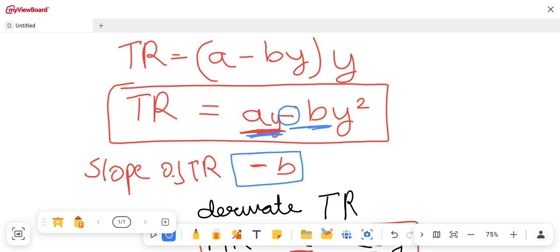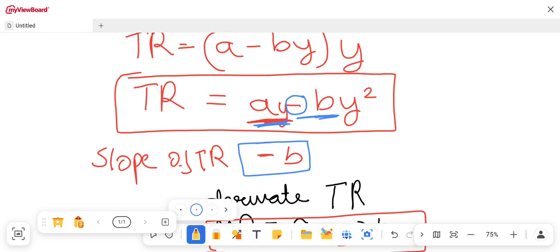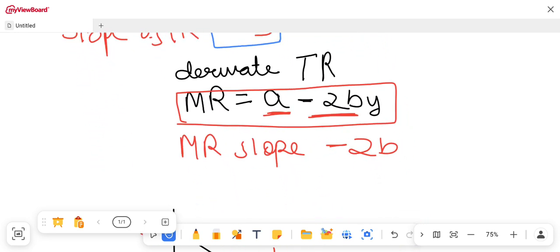Now we have plotted the total revenue curve. Now we will plot the marginal revenue curve.